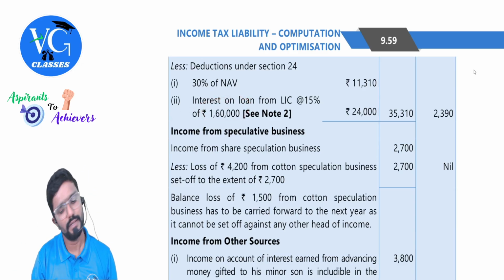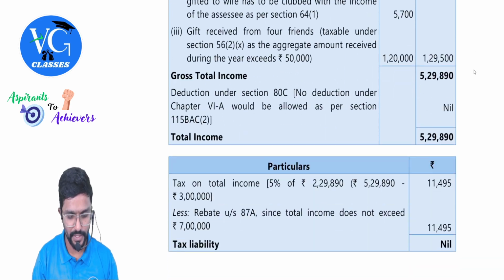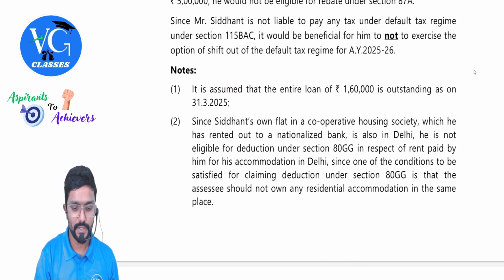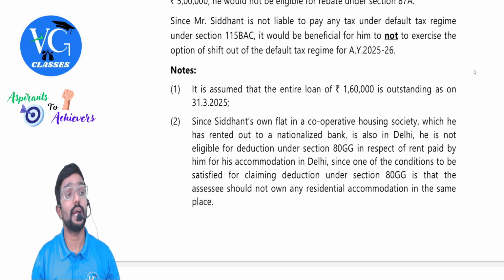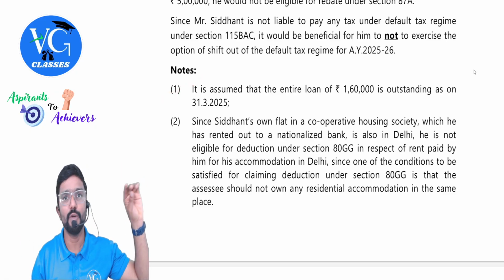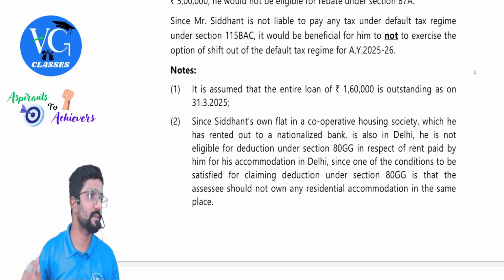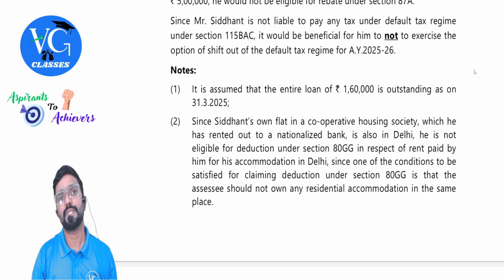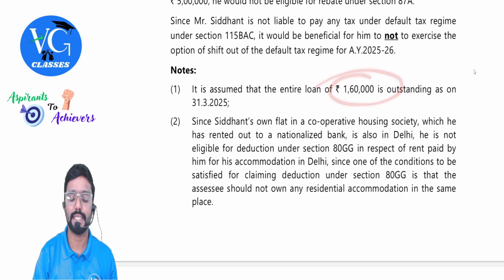Is it allowed, sir? Yes. For that, they have given a note, it seems. What note, we will see. Yes, it is assumed that the entire loan of 1,60,000 was taken somewhere in the past, they have not given anything about repayment. So we have assumed that the entire 1,60,000 is still outstanding. So loan interest is calculated on the entire 1,60,000.